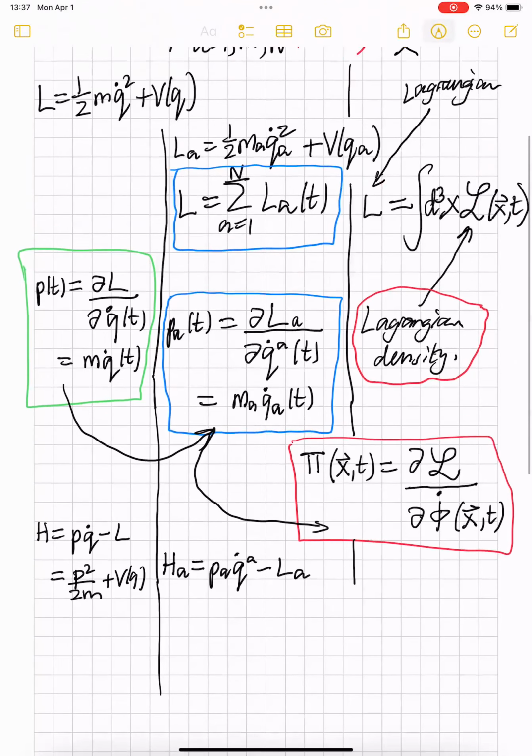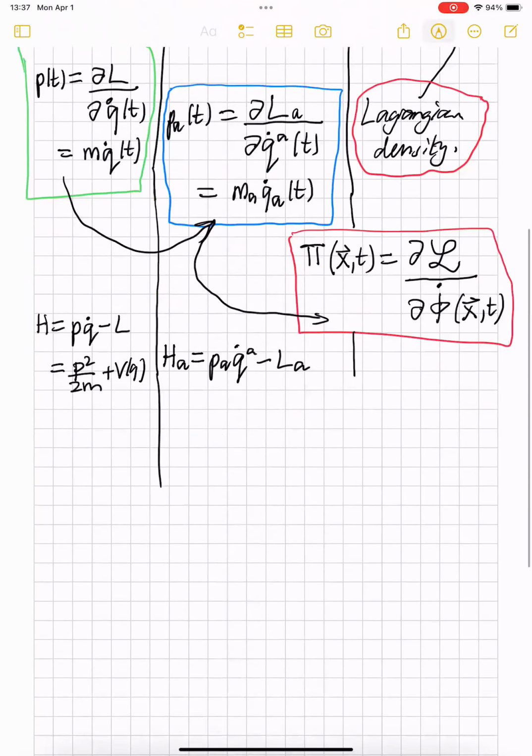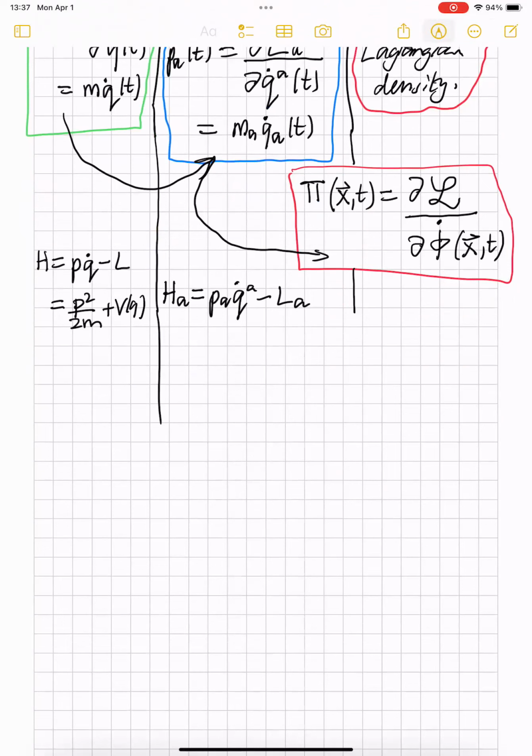This is very similar to the single particle calculation. What you will end up getting is p_A squared over 2m_A plus V of q_A. And this is great because this looks like the kinetic energy of particle A plus the potential energy of particle A. And then the total energy would just be a sum of each of these energies.